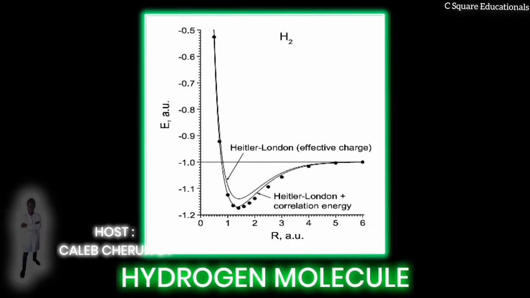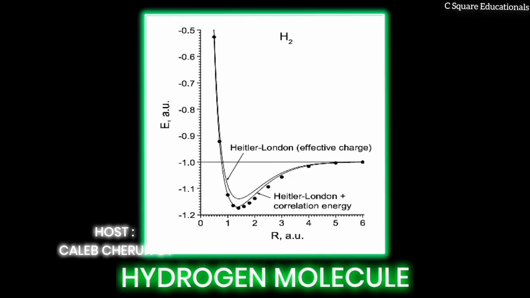At a certain point, the graph exhibits a dip, representing the lowest energy state when the atoms are at an optimal distance from each other. In this optimal state, the two atoms are more content being together at a lower energy level than they were separately. This is why hydrogen atoms naturally combine to form molecules of H2 rather than remain isolated.